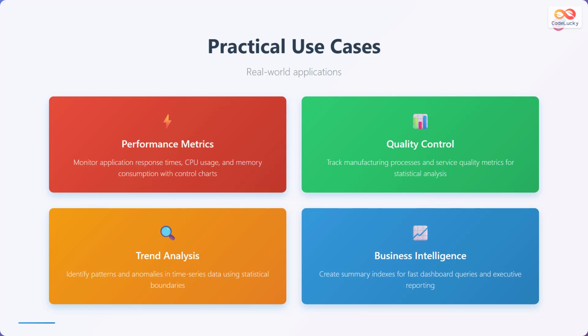For trend analysis, the command helps identify patterns and anomalies in time series data using statistical boundaries to detect unusual variations. In business intelligence applications, sichart creates summary indexes that enable fast dashboard queries and executive reporting, providing stakeholders with timely insights into key performance indicators and operational metrics.